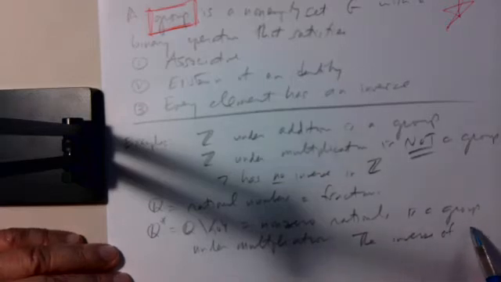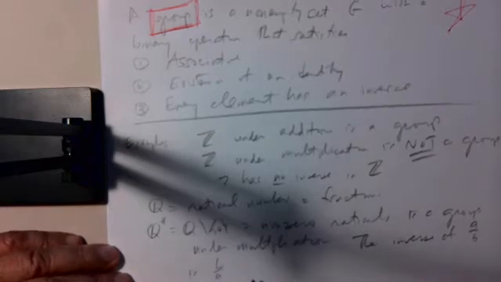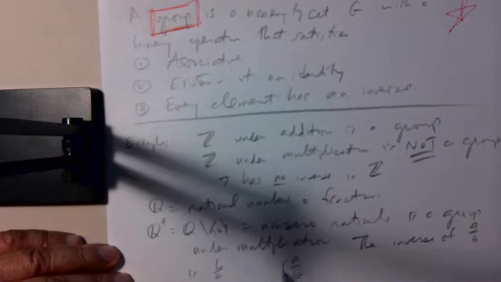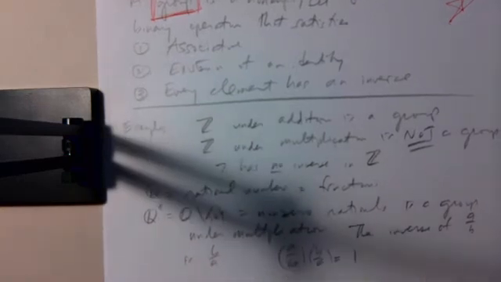The inverse of A over B is the fraction B over A, because A over B times B over A is 1. If you include 0 with the rationals, it's no longer a group, because 0 doesn't have an inverse. There's nothing times 0 which is equal to 1.